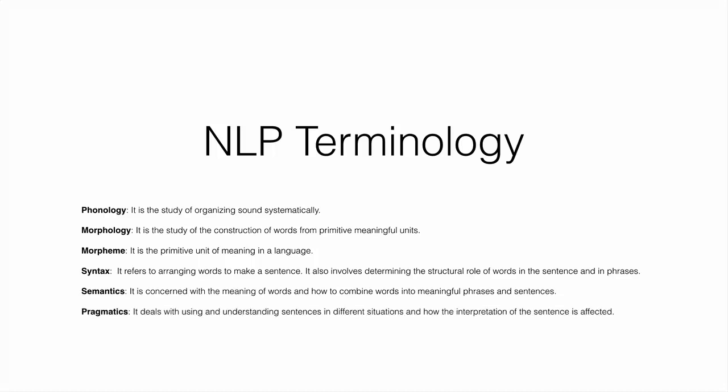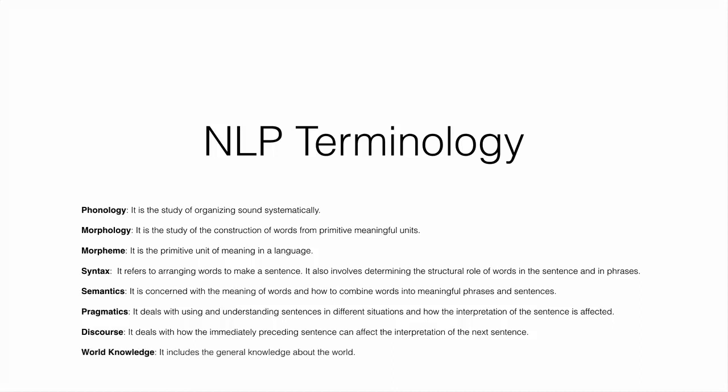It deals with using and understanding sentences in different situations and how the interpretation of the sentence is affected. So it's another level of context as well. There's discourse. It deals with how the immediately preceding sentence can affect the interpretation of the next sentence. Another area of context. And there's world knowledge. It includes the general knowledge about the world.